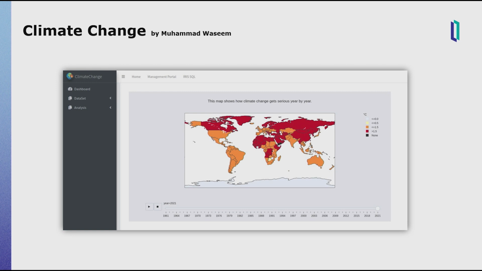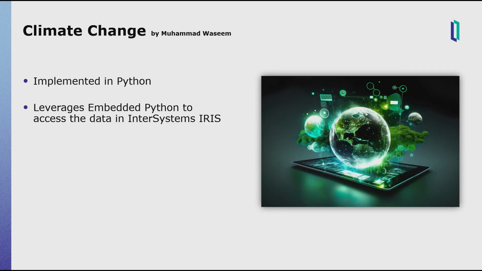It's a pure Python application, but the Python application needs data. It needs all the climate data. And the climate data is stored in InterSystems Iris. So it leverages embedded Python here to access the data and to render it in the Python application.